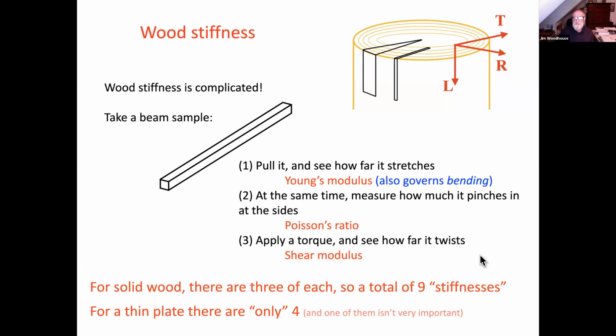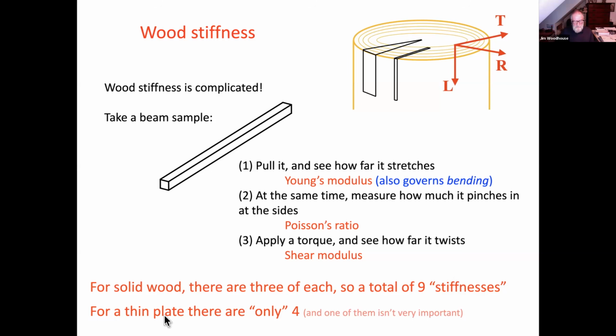Complicated enough, but for a solid wood, if you ignore the curvature and knots and all the other complicated things that happen in real wood, you need 9 stiffnesses in a generic sense. Some of them are more important to you than others.